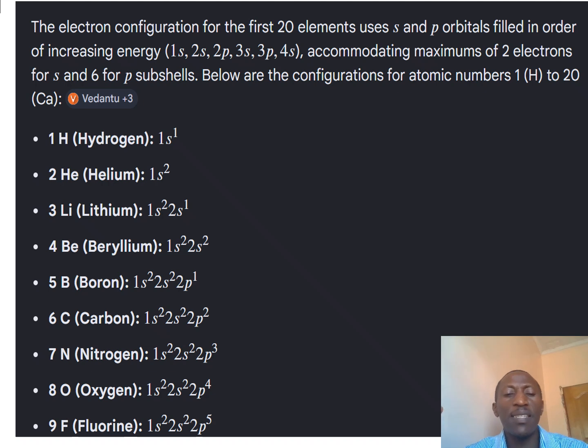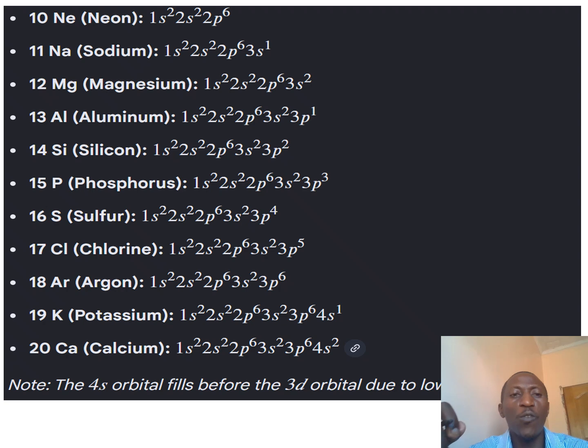Now, viewers, this is the expected arrangement for the first 20 elements, starting from hydrogen through to fluorine, 9. You can see 1s2, 2s2, 2p5. If we move on to neon, we get 1s2, 2s2, 2p6.